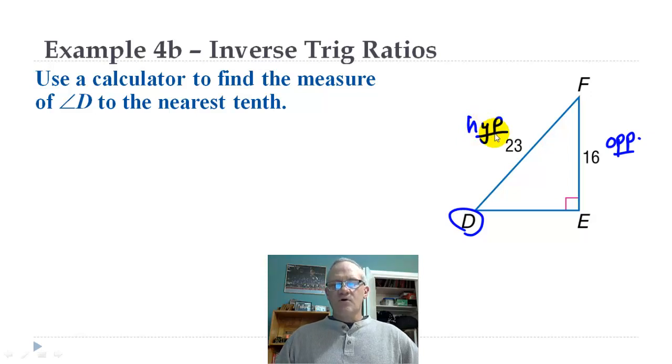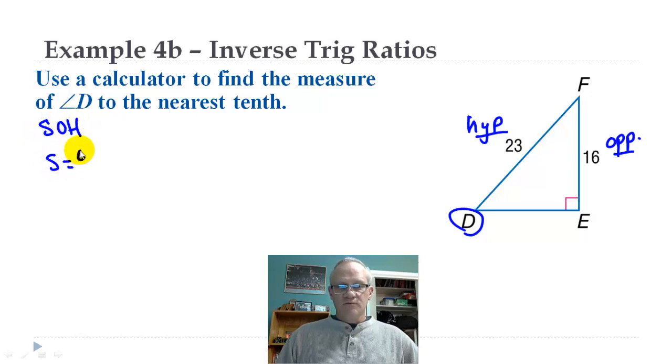Oh, SOH. Sine is opposite over hypotenuse. So we're going to say the sine of D would equal the opposite, 16, over 23.